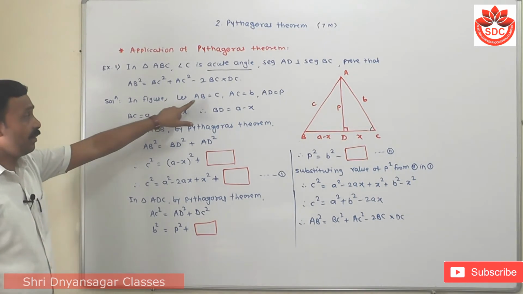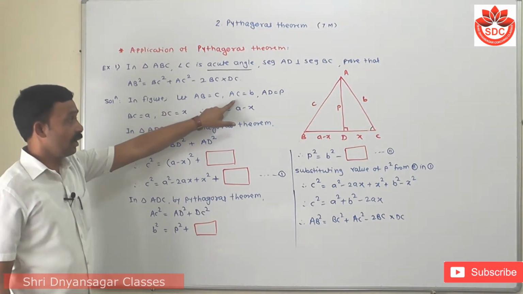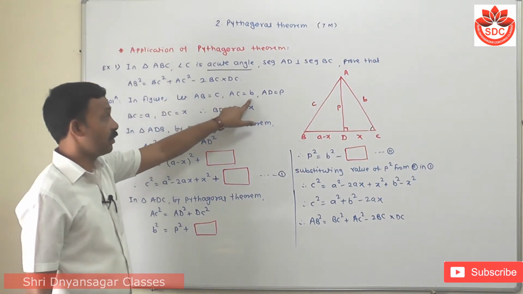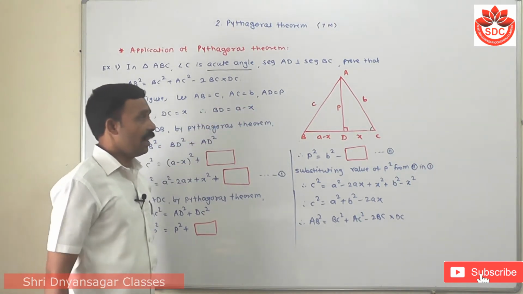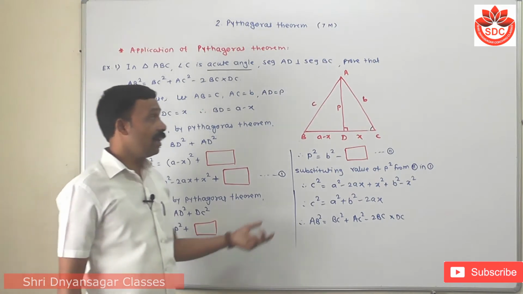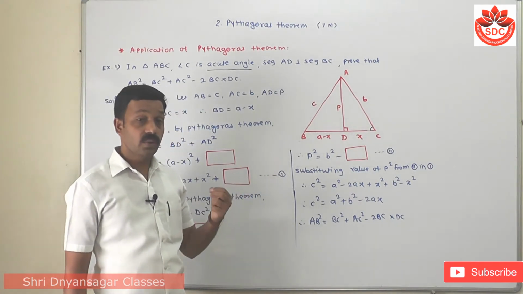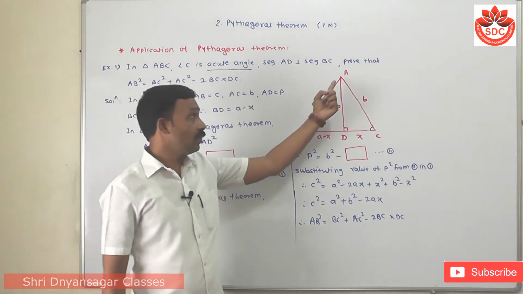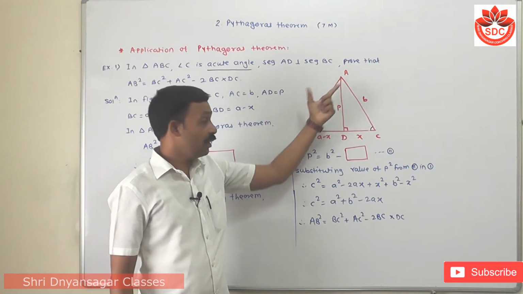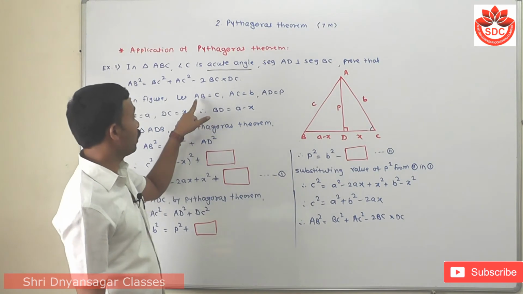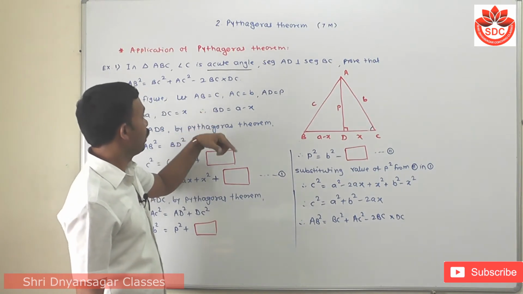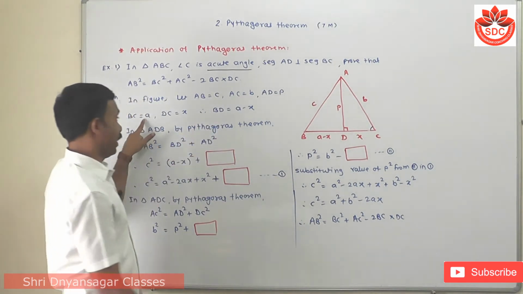In the figure, let BC be equal to a, AC be equal to b, and AD be equal to p. Student, all of you know that in any triangle, the side opposite to a vertex is shown by the small letter. So this is vertex A, and the side opposite to it, the total BC, is a.